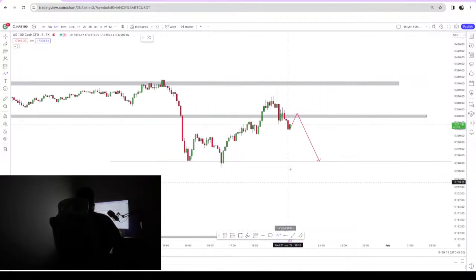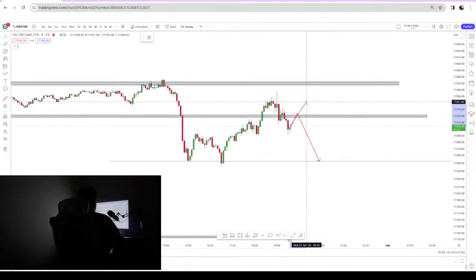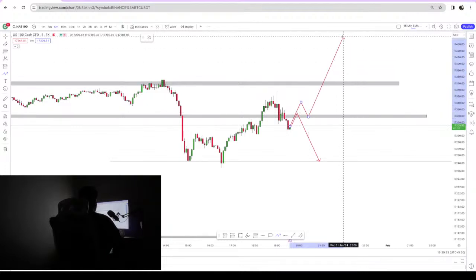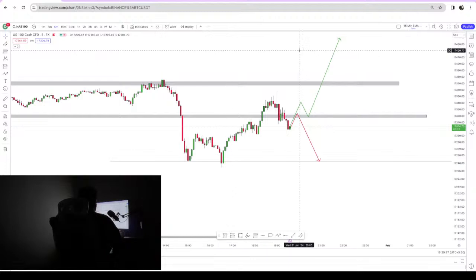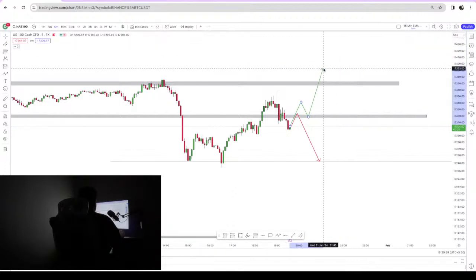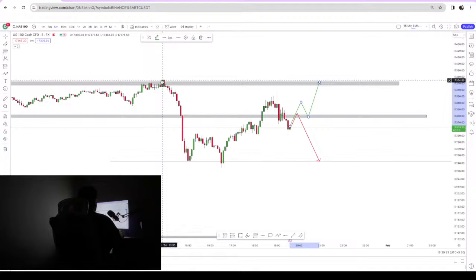Second, if it has to go up, for sure it will shoot, then a retest, then boom. And if not boom, at least it will touch this and then again reject from this level and then shoot down. This one is also possible.